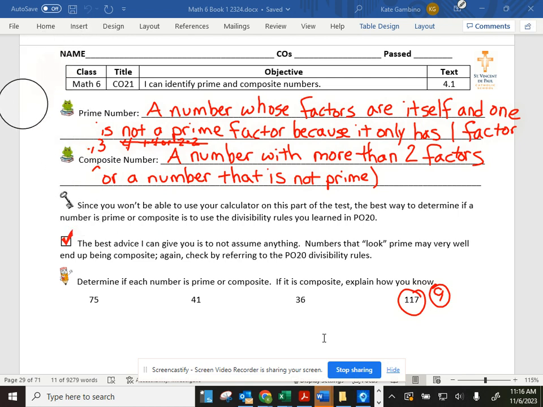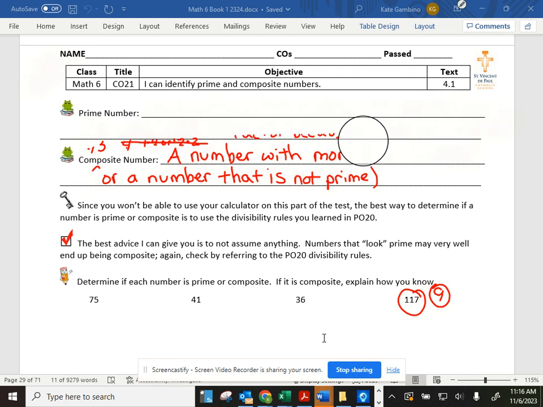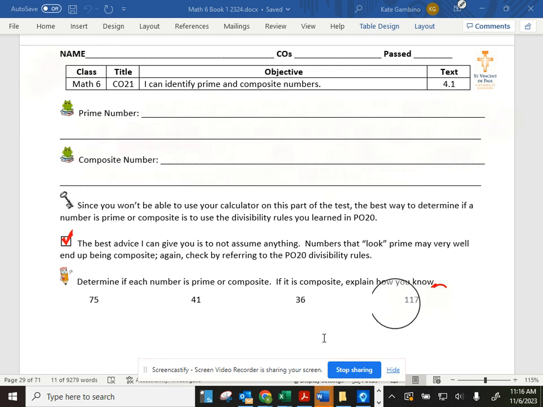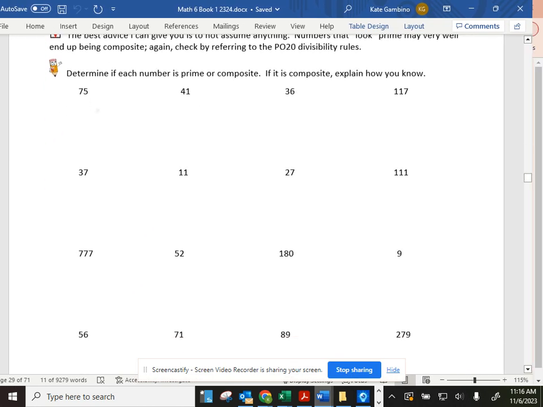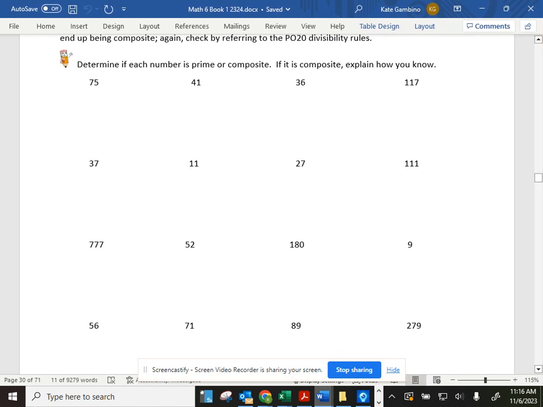So let me scroll up to show you how we're going to answer this. Determine if each number is prime or composite. If composite, explain how you know. I know 75 is composite. How did I know that right away?